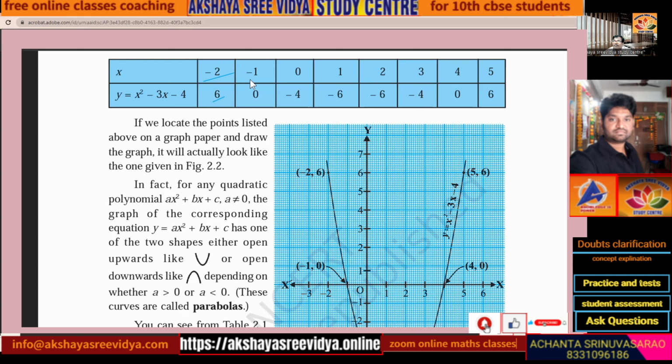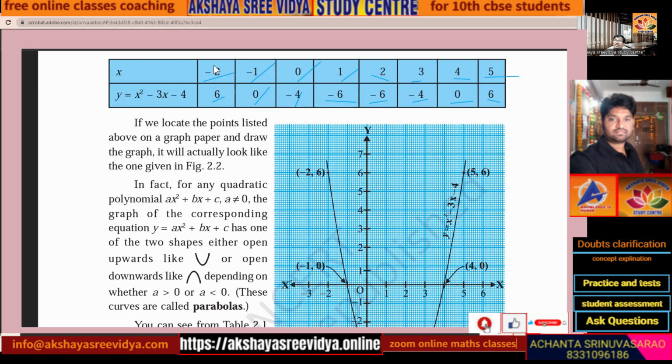Here see that -1, here see that 0 and y value is -4. x value is 1 and y value is -6, x value is 2 and y value is -6, x value is 3 and y value is -4, x value is 4 and y value is 0, x value is 5 and y value is 6.